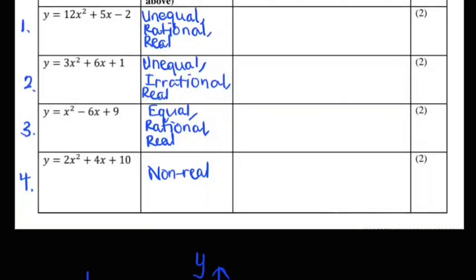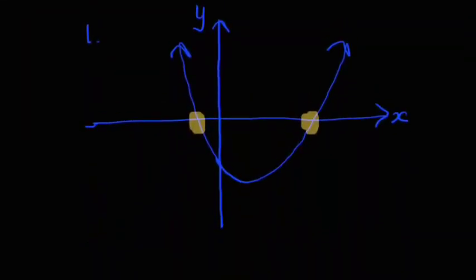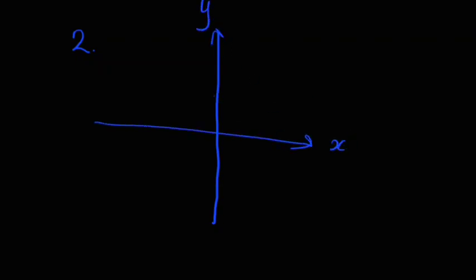For equation 2, 3x squared plus 6x plus 1, that graph now cuts the y-axis at +1.